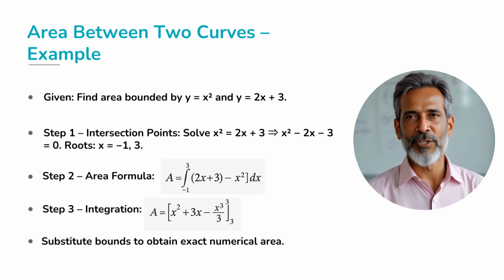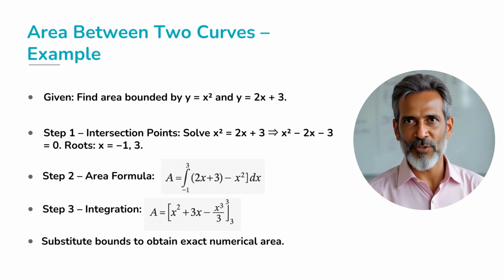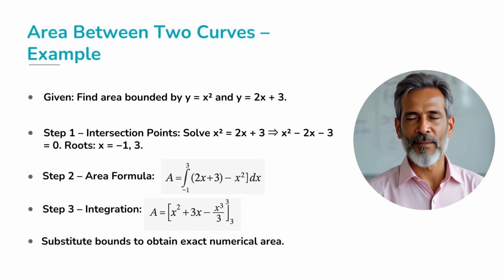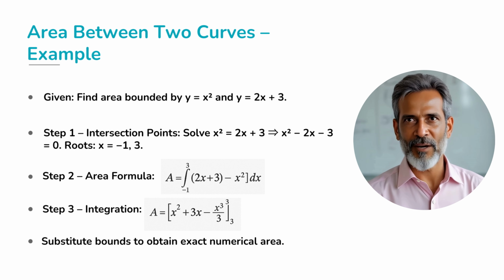So, the expression becomes x squared plus 3x minus 1/3 x cubed. Step 4. Substitute bounds. At x equals 3, we get 9 plus 9 minus 9, which equals 9. At x equals minus 1, we get 1 minus 3 plus 1/3, which is negative 1 and 2/3. Subtracting gives us 10 and 2/3, or 32 divided by 3.